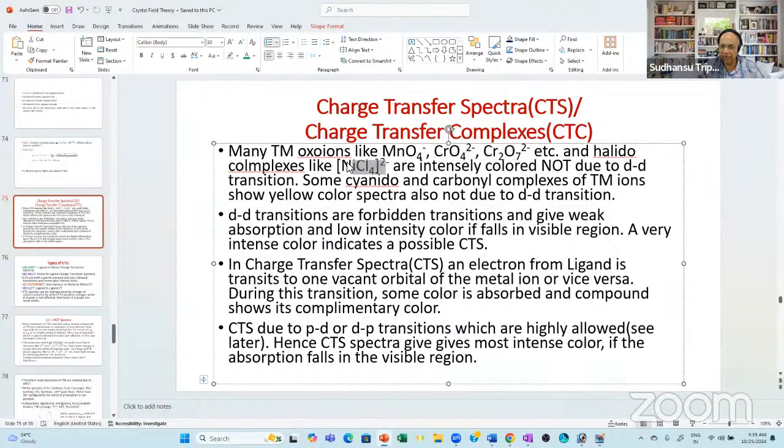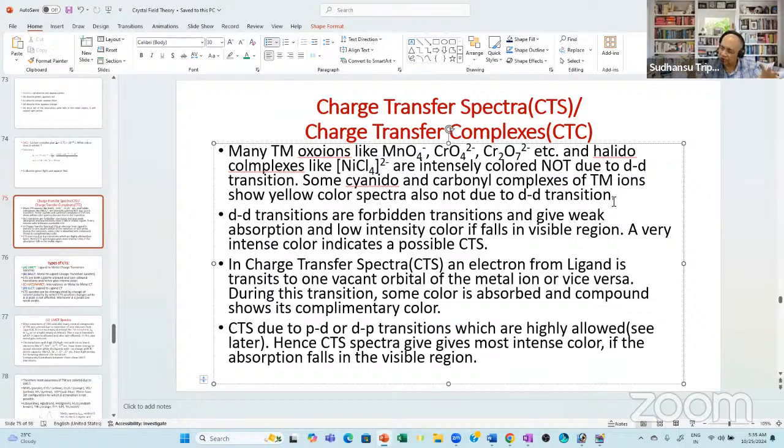Of course, this will be deceiving you. This is a tetrahedral tetrachloronickelate. It will look like a d-d transition, but the most intense green color is due to the CTs.